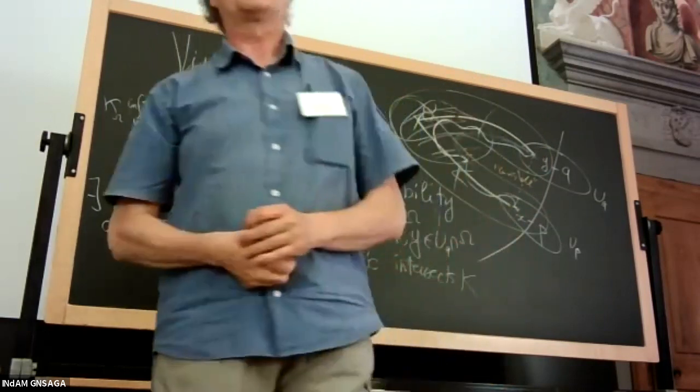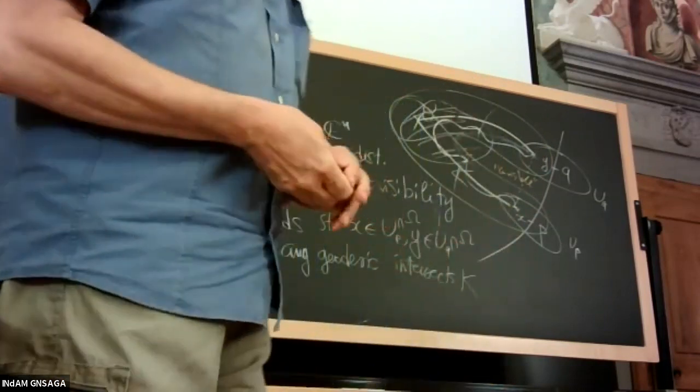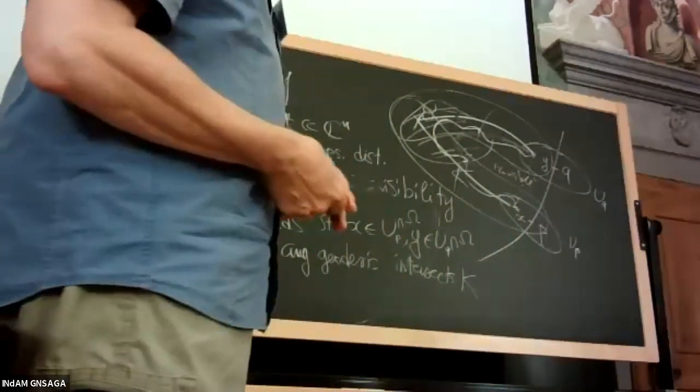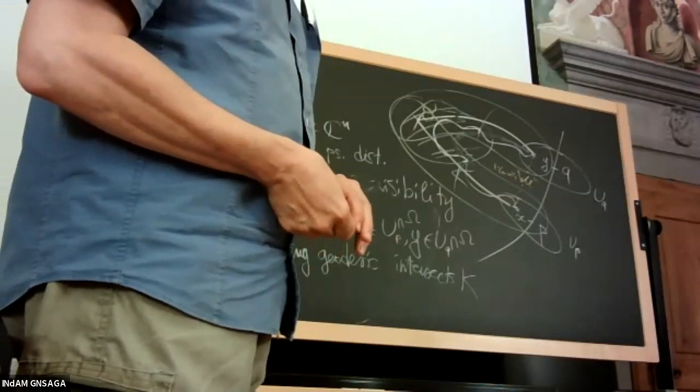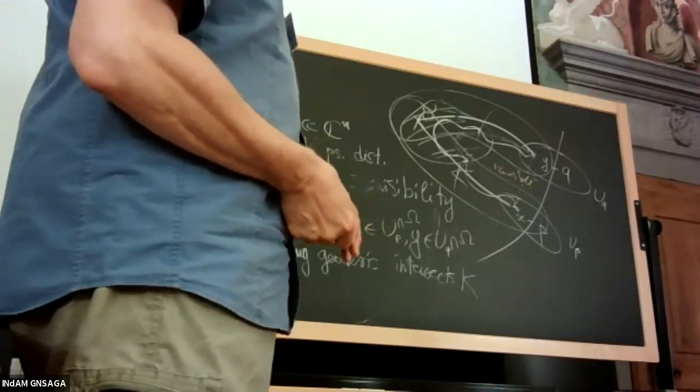So this is a picture only, but it can be made rigorous. So this is how Gromov hyperbolicity implies visibility.